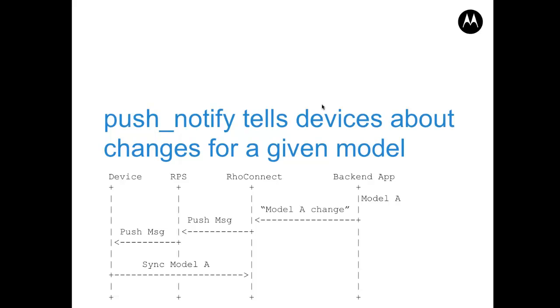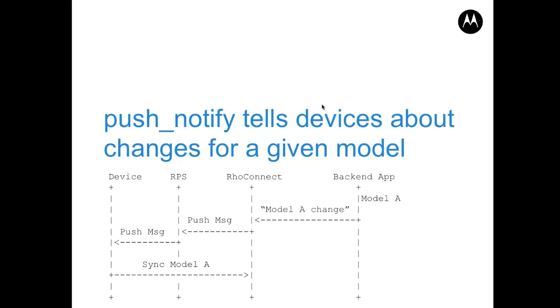And so this is kind of describing the flow. If my backend application has a model A and some change happens in the model, my plugin will automatically send that update to RhoConnect. And if I have push notify enabled, it'll send a push message through the RhoConnect push server to the device. Now, push notify also works with all of our other push technologies that we support, like Apple, Google Cloud Messaging, and BlackBerry.